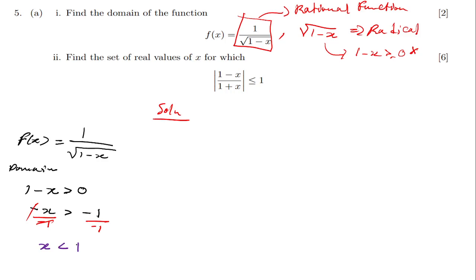Why are we putting less than 1? Because you have divided throughout by a negative.